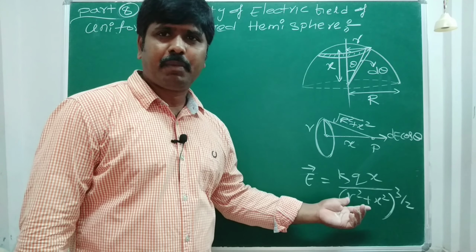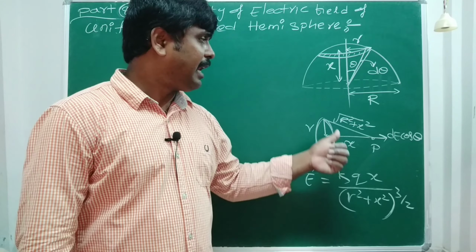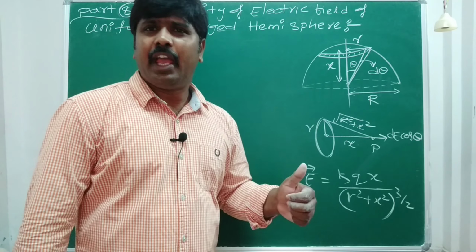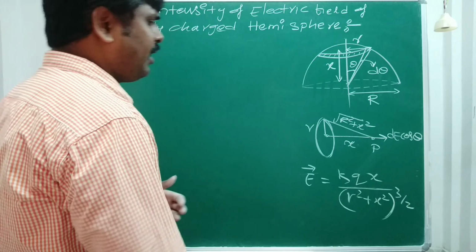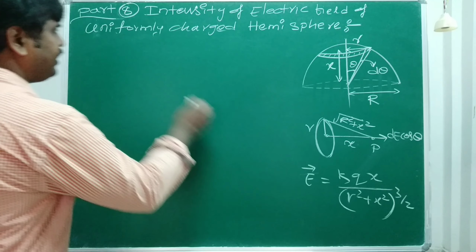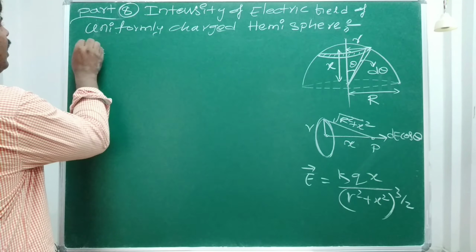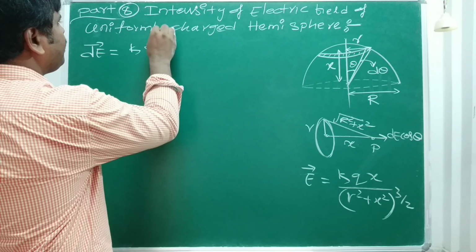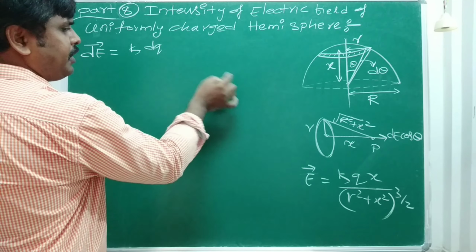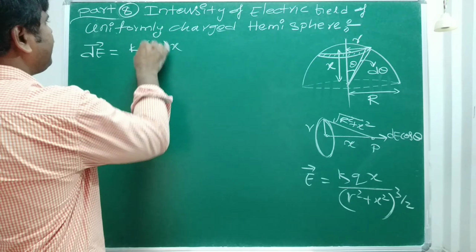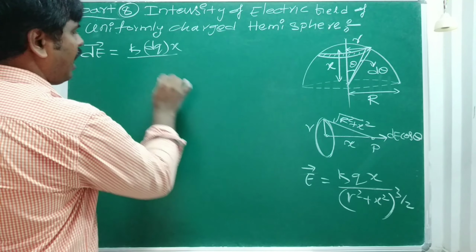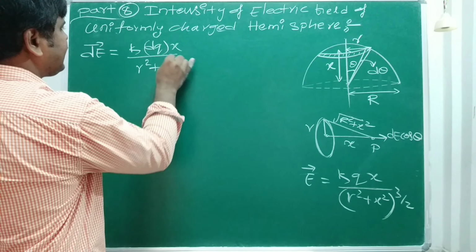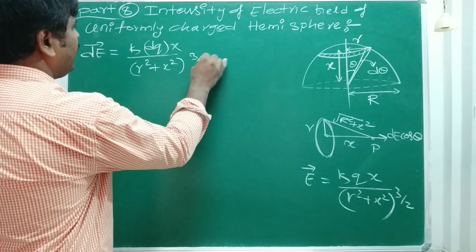Based on this formula, we will discuss the electric field intensity of the hemisphere. See, first we need to write the dE due to the small element, which is equal to k into dq x divided by r square plus x square whole to the power of 3/2.